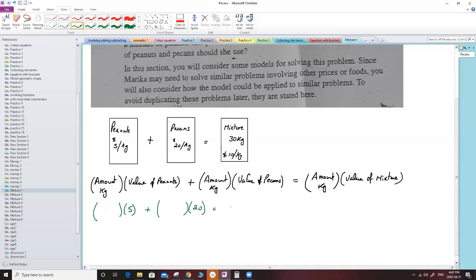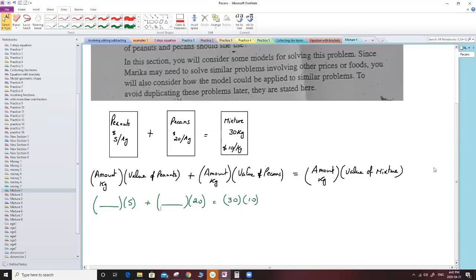And this is going to equal the amount of the mixture, which we know is 30 kilo, and we know the value is $10 per kilo. So now I'm looking for a variable here and here. But again, since this is one equation, I'm looking for only one variable. I cannot really have two different variables since I have only one equation.